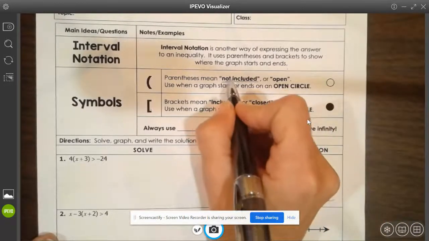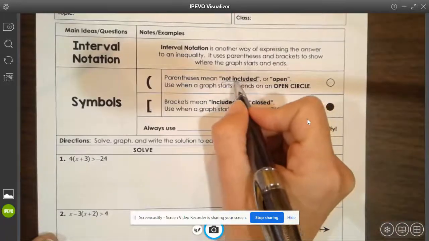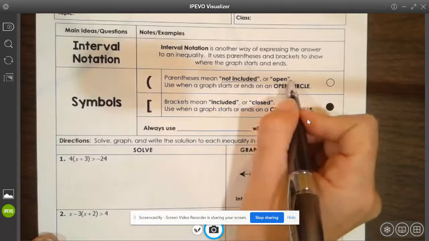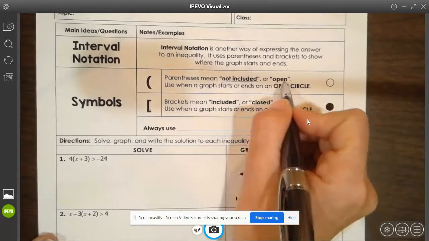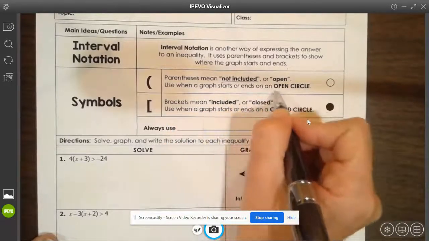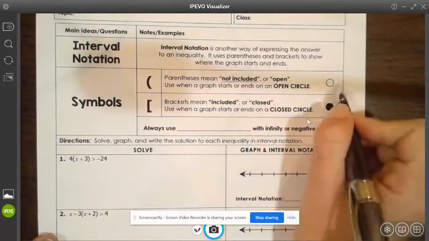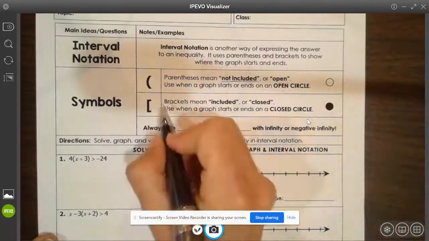So it's larger than whatever number, that number will not be included. Or we use an open circle, when a graph starts or ends on an open circle. It looks like that. I'll show you what that means when we graph this.